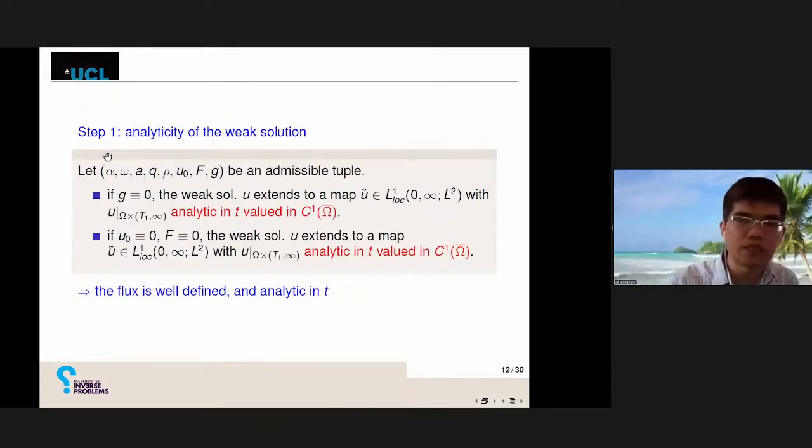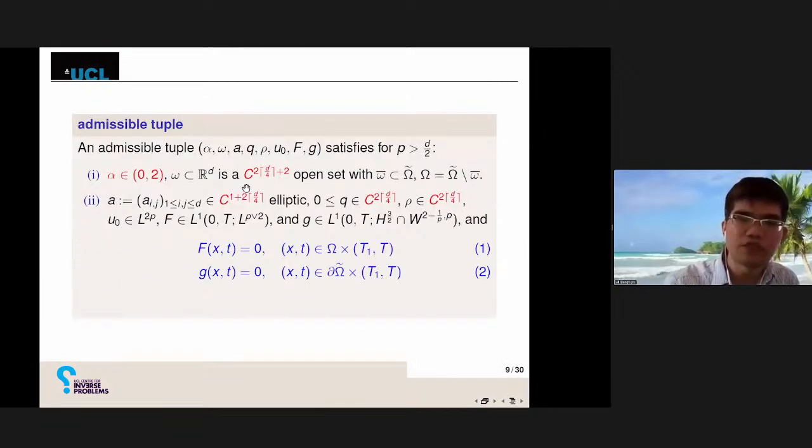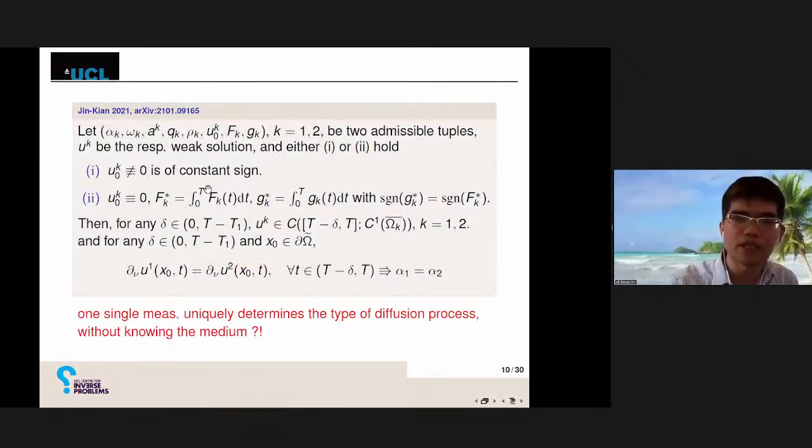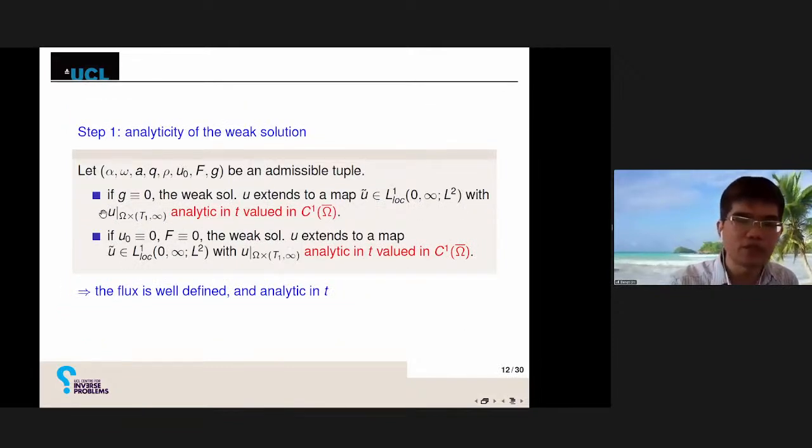If we assume that the unknown parameters satisfy the condition I mentioned earlier, then one can show that the solution U, which depends on these parameters, we do not know a lot, but we know that this will be an analytic function from T1 to infinity if we restrict it, and it will take values in C1 of omega.